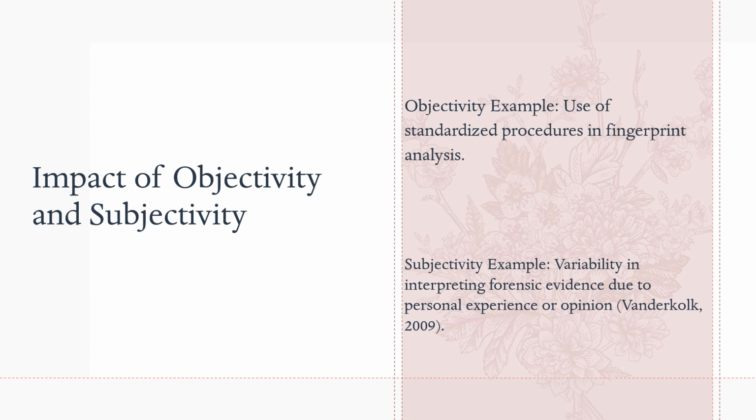Basically, your subjectivity is when you're analyzing something and it's based on your interpretation of the evidence. If you're looking at a specific shade of a color and in your mind it is a light blue and someone else says, oh, well, it's a medium blue, that's based on your view of it. Whereas if you're looking at the standard procedures in fingerprint analysis, it is cut and dry how you analyze a fingerprint, and there's no two ways about it.